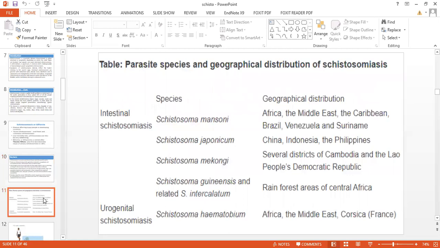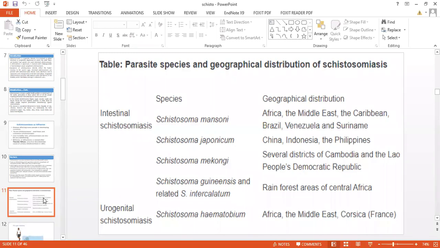Here we go. It's the geographical distribution, I mean, according to species, which species are more prevalent in which area. First, intestinal schistosomiasis, which is caused by four species: Schistosoma mansoni, japonicum, mekongi, and intercalatum. The geographic area for each species is different.